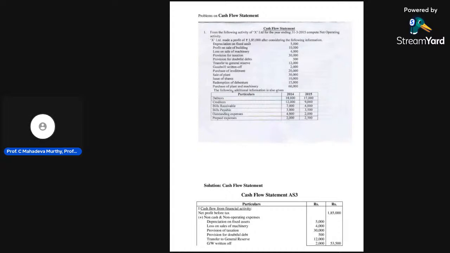While preparing the trading and profit and loss account and balance sheet, we mark the left-hand side items: what appears first in the trading account, then transactions related to P and L, then transactions related to the balance sheet.